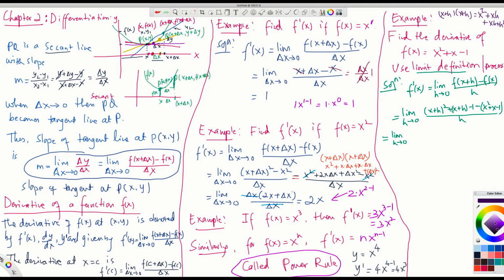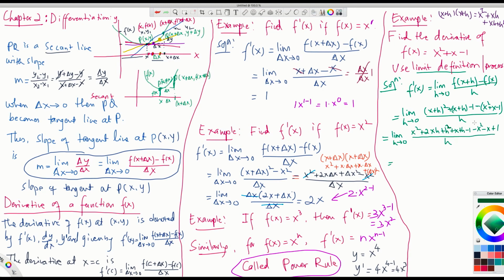So you can write this as x squared plus 2xh plus h squared. And you distribute that positive sign to x and h, plus x plus h minus 1, and then again you distribute that negative sign here: negative x squared minus x plus 1, divided by h.